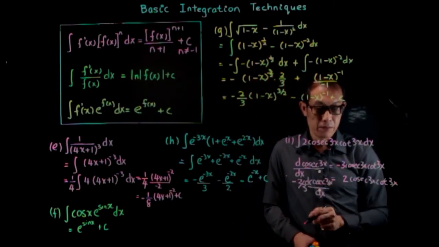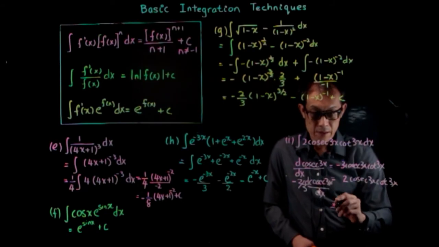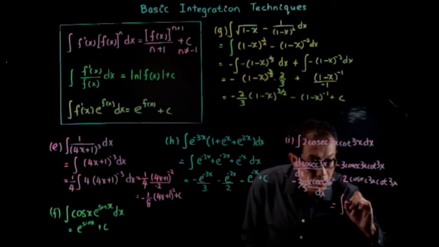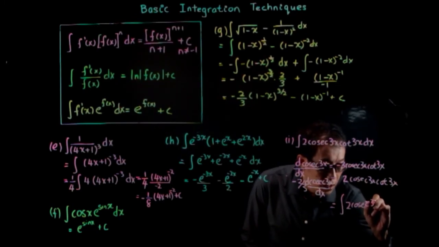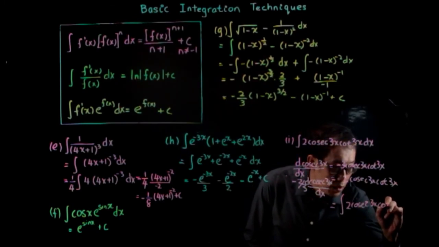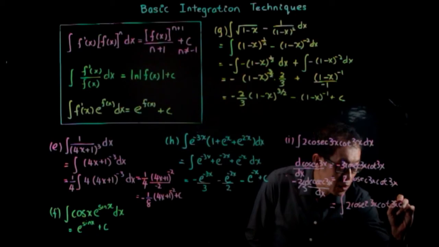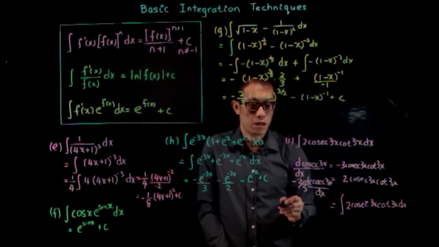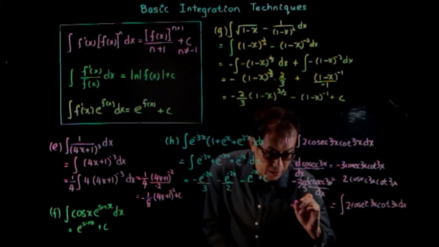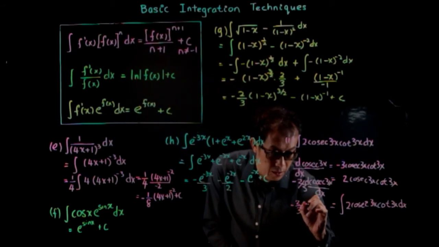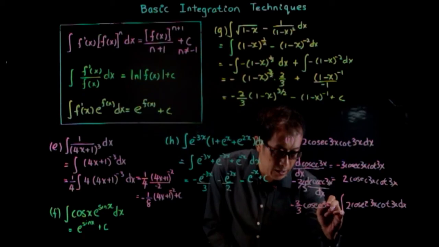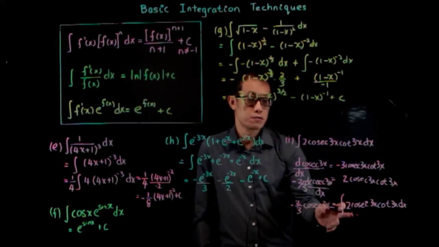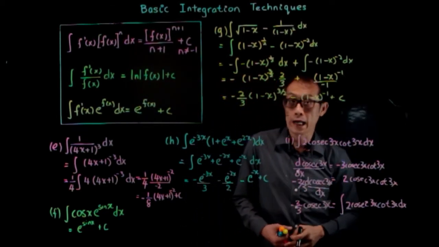Now integrate both sides. What will you get? This I will get minus 2 over 3 cosecant 3x. So this is my answer to I.